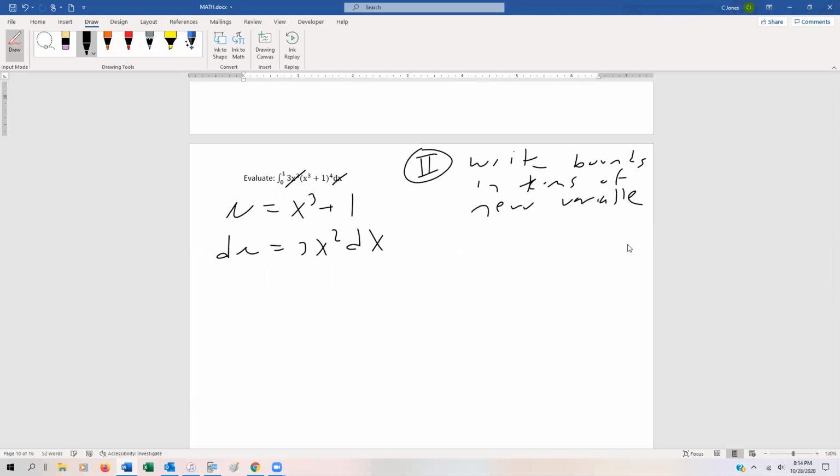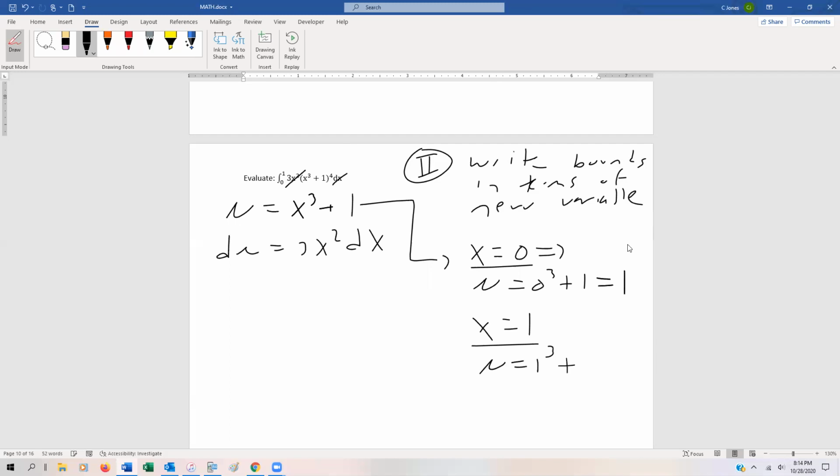That's perfect. Now, the limits of integration: when x is equal to 0, that means that u is going to be equal to 0 cubed plus 1, or 1. When x is equal to 1, u is going to be equal to 1 cubed plus 1, which is 2.